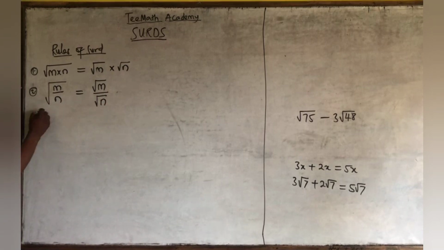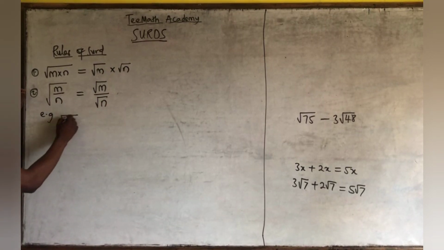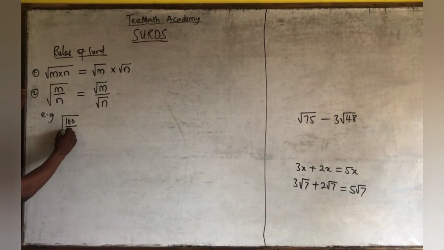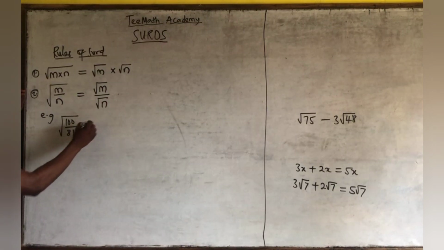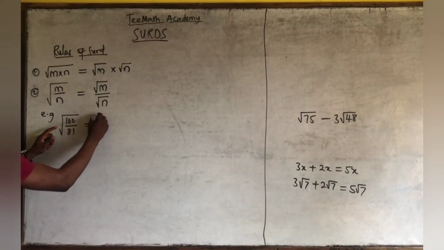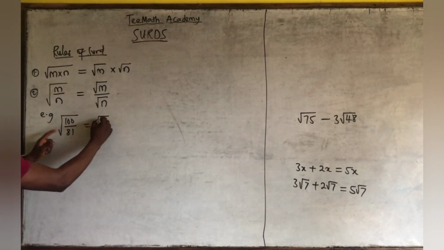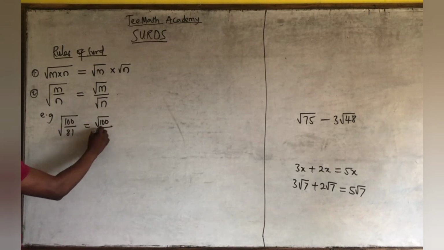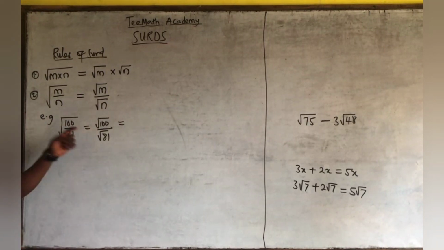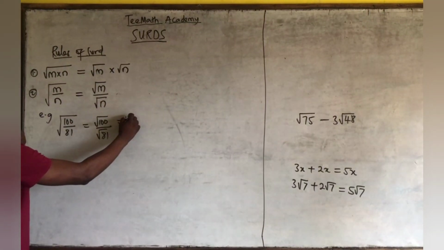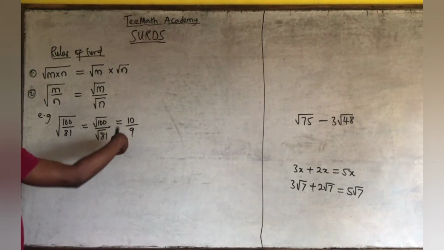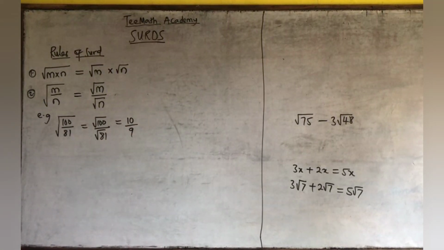An example, I can have root 100 over 81. Then, of course, I can share the root by having root 100 divided by root 81. From here, you can solve. Square root of 100, this is a perfect square, is 10, then divided by 9. Then from there, you proceed in solving.